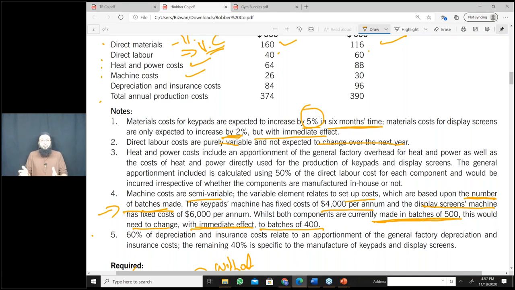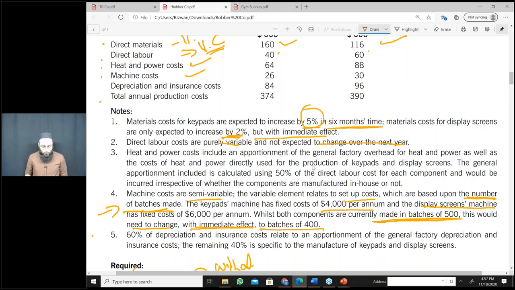Your batch size is now reducing, right? If it is reducing, now you need more number of batches. Yeah, what do you think? You need more number of batches? Yes. And if you need more number of batches, because your variable cost is dependent on batches here, so because your batches will increase, your variable cost will increase. Exactly, it will increase. Okay, because variable cost is dependent upon batches. So we are concerned here with the variable element of machine here.